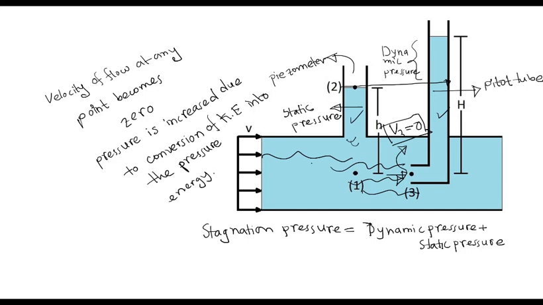From that we can say this point is 1 and this point is 2. We can write Bernoulli's equation: P1 by gamma plus V1 square by 2g plus Z1 is equal to P2 by gamma plus V2 square by 2g plus Z2.